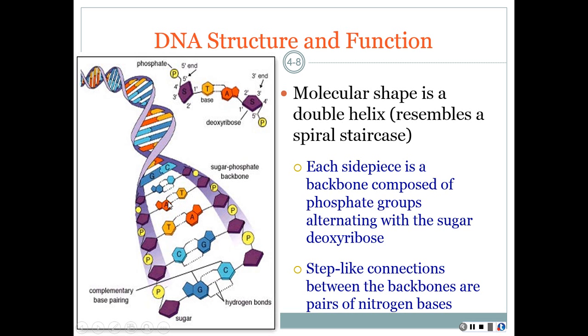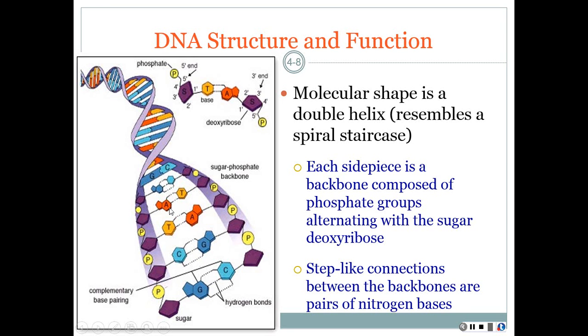When adenine and thymine bond, they have a double hydrogen bond, which is signified here with these lines. This is one hydrogen bond, and there's your second hydrogen bond. When your cytosine and guanine pair, you have three hydrogen bonds, which are going to keep them together.